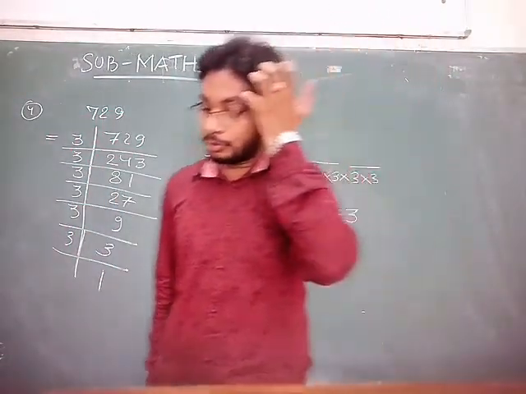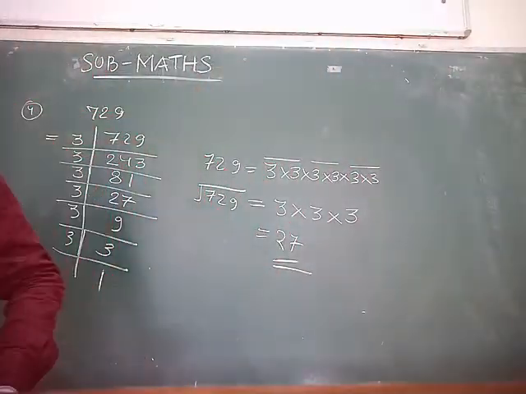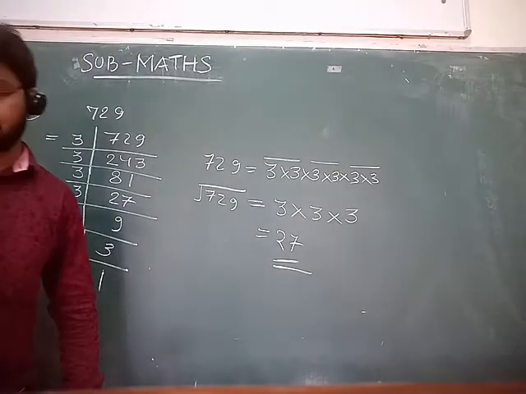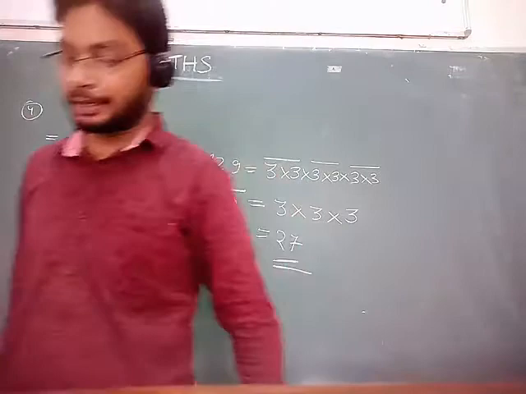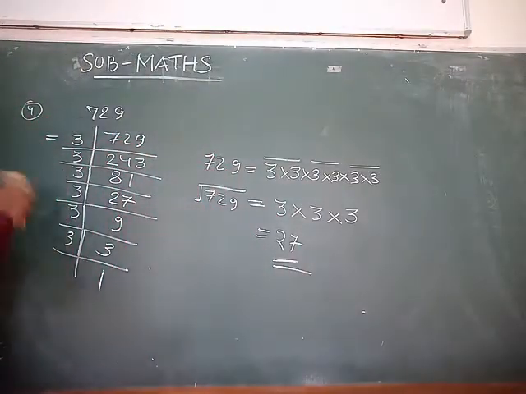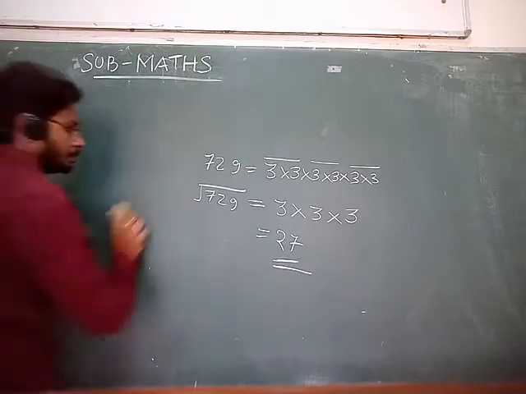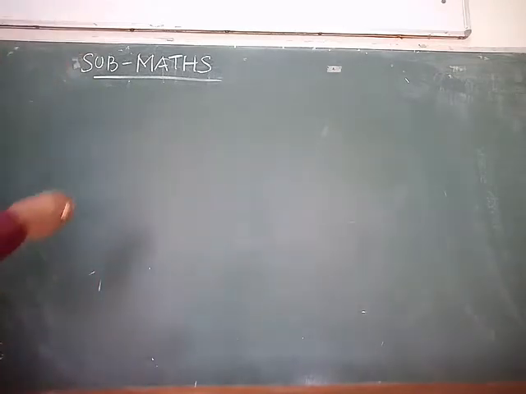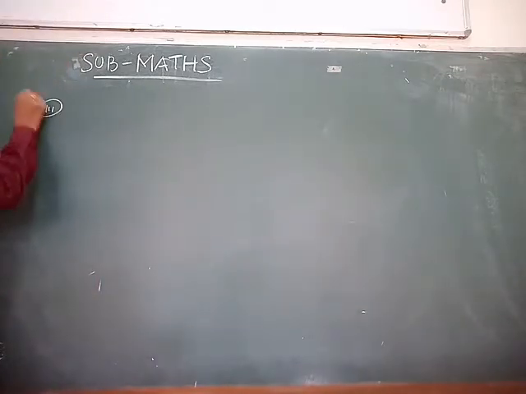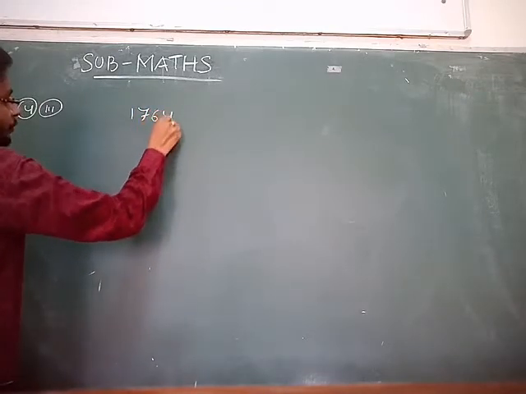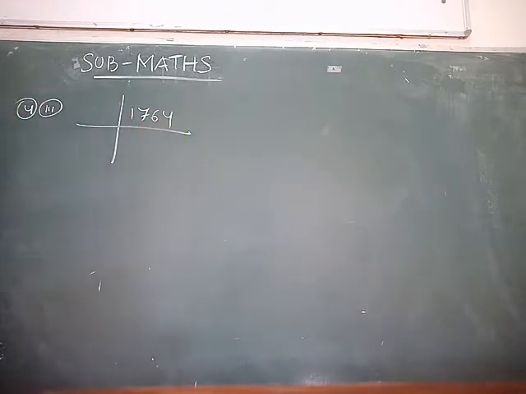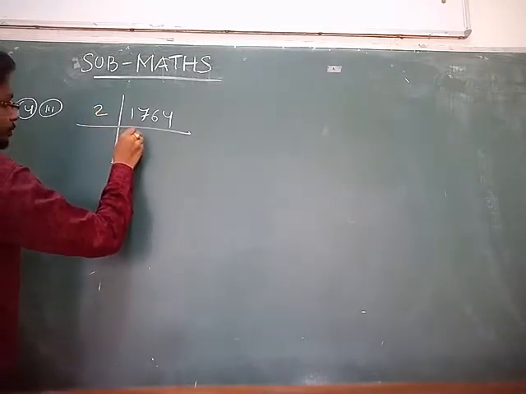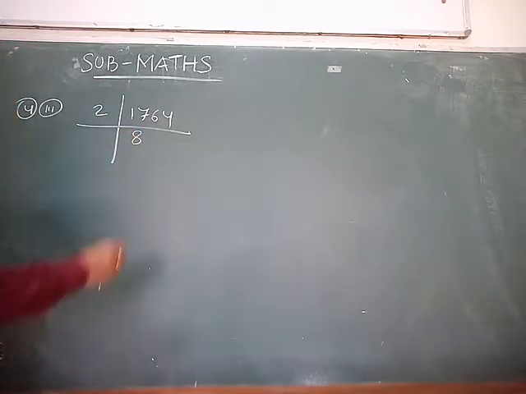Okay. So your second question is 1764, and that is the third part of the fourth question. 1764. How will you divide it? Starting with 2, 2 8s are 16, 2 2s are 4.